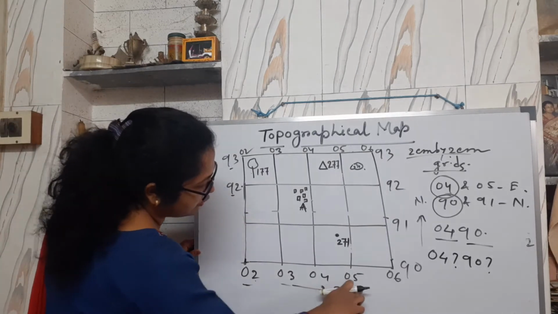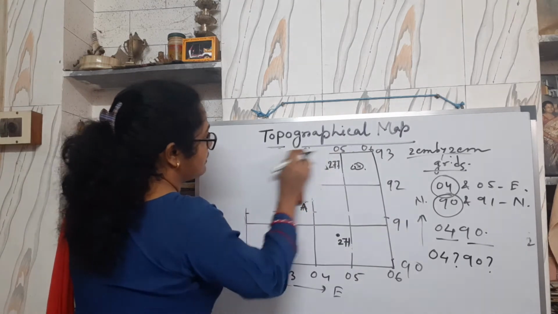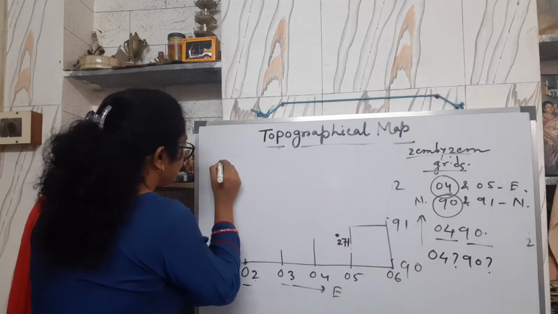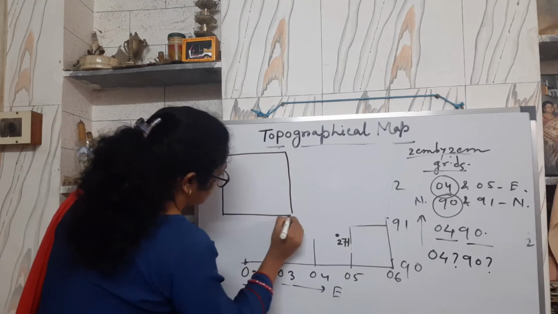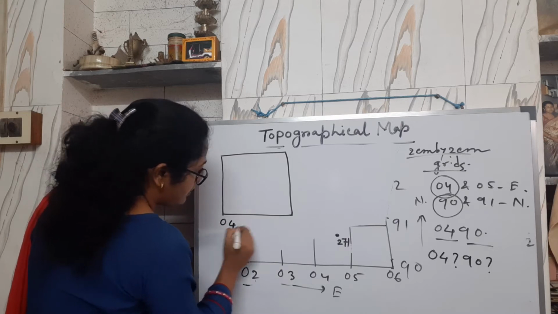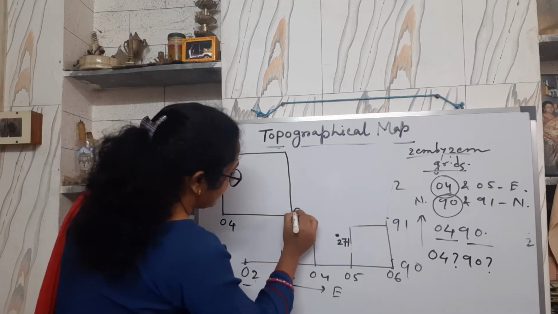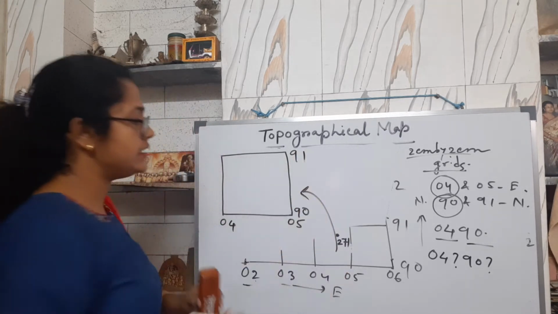It is between 04 and 05, and 90 and 91. Let me draw at first. 0405 and here is 9091. I have drawn this grid here.